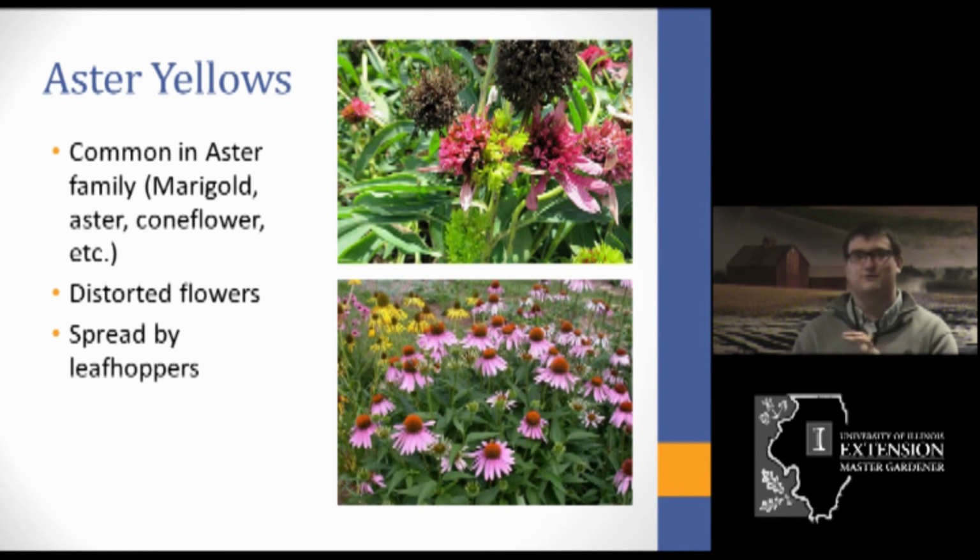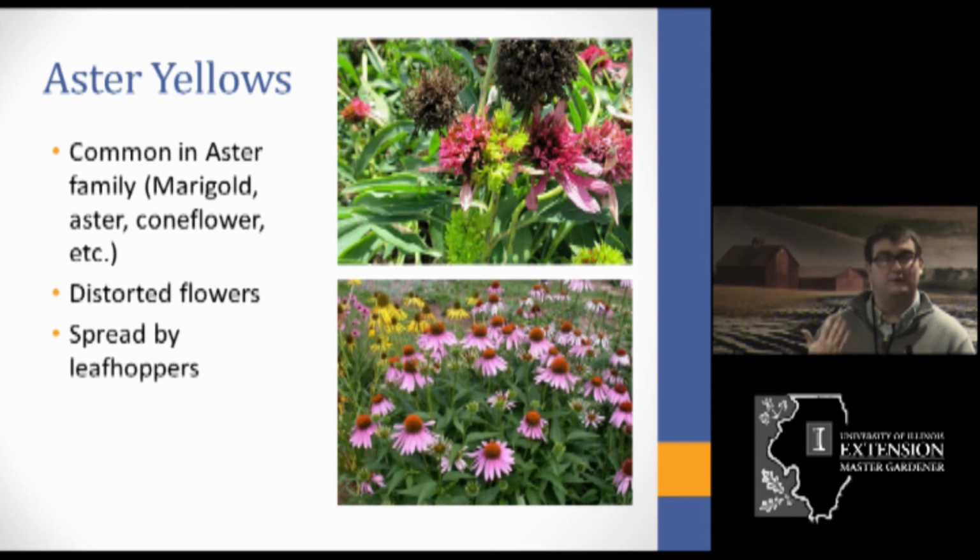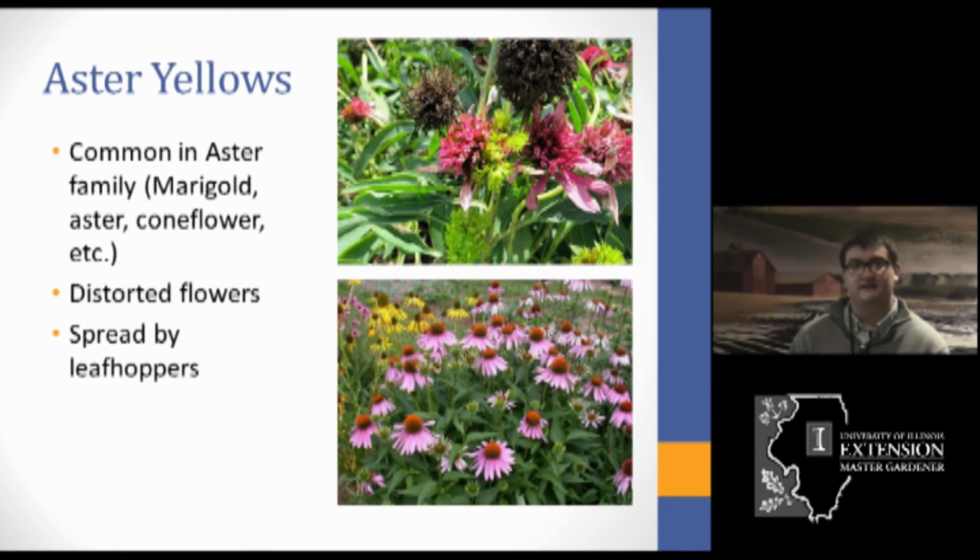It causes this distorted flower shape. The disease is spread by insects like leafhoppers, but it's actually caused by a specific bacteria that the insects absorb when they feed on plants and then spread from plant to plant. So the best recommendation if you find a plant with aster yellows is to just remove it and try to prevent the spread.